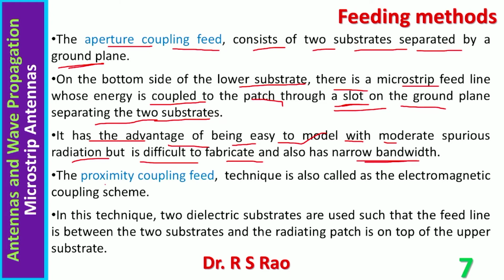Another technique is proximity coupling technique, proximity coupling method. This method is also called as electromagnetic coupling scheme. In this technique, two dielectric substrates are used such that the feed line is in between the two substrates and the radiating patch is on top of upper substrate.